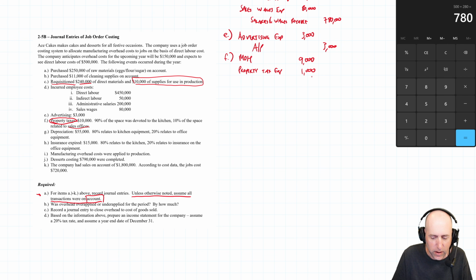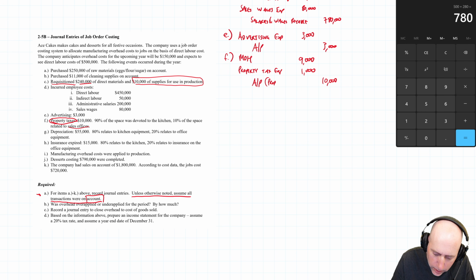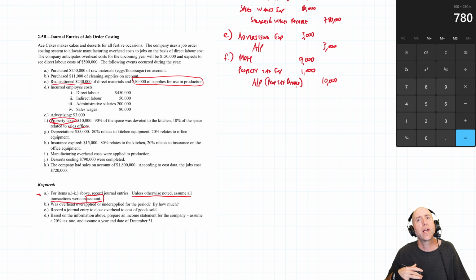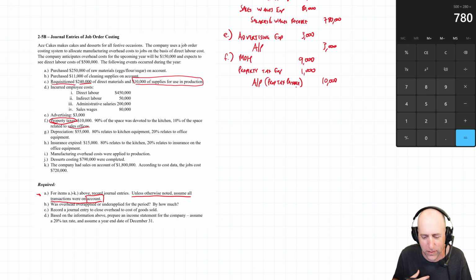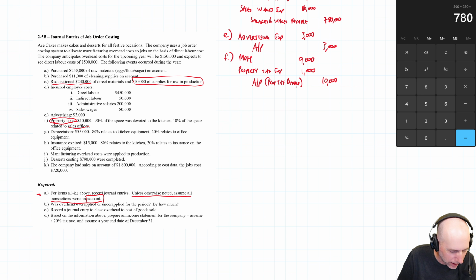The credit here is to, I would expect, probably accounts payable, $10,000. Some people might say prop tax payable. I think that's okay. I would treat this as a normal account payable in my list of payables if I were the company. But prop tax payable is totally fine there too, in my opinion.